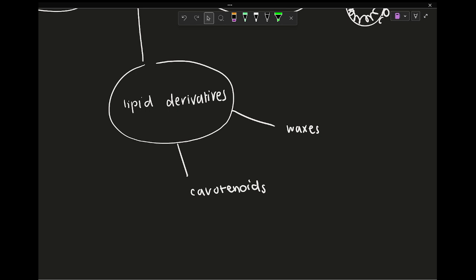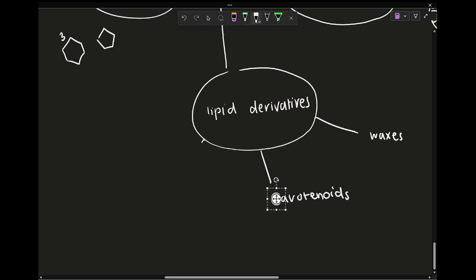They're highly used for pigments and color in plants and animals. So if you see a plant potentially yellowing, you know that they might be lacking some of these carotenoids, which I still cannot pronounce.